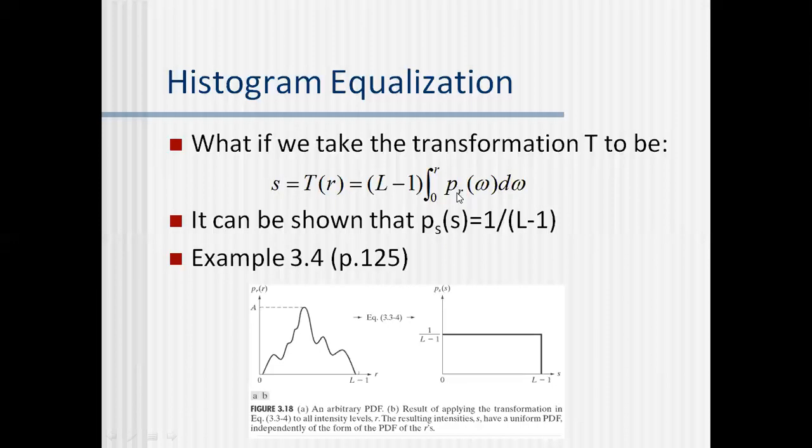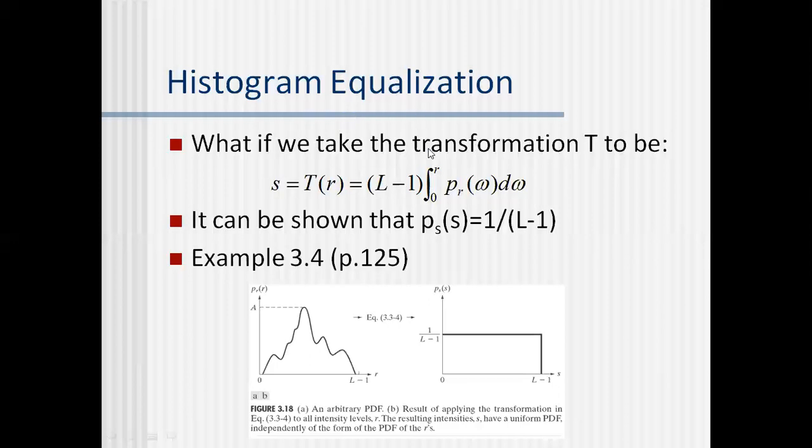In place of this, we can say P suffix R of small r dr, but we can't say this as 0 to R, PR of R. While we are taking the limits from 0 to R, we can't take PR of R, because R is varying, so we can't take R here. So in place of R, we will take some dummy variable. After that, we can substitute this R value. Then this becomes the total transformation function with its maximum value.